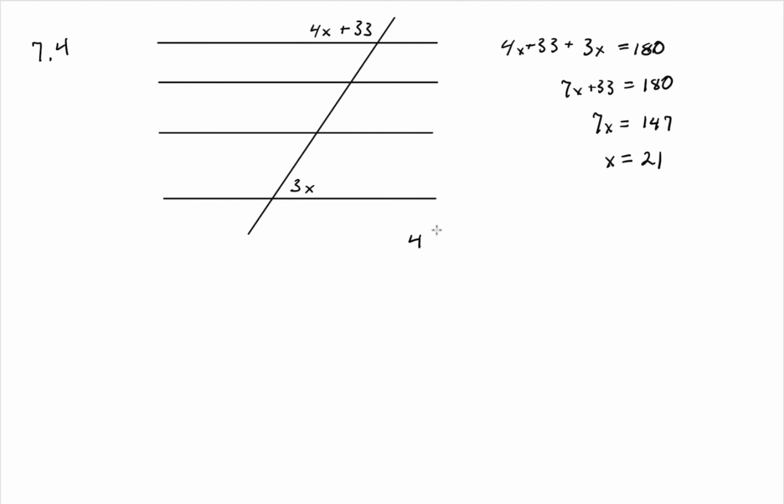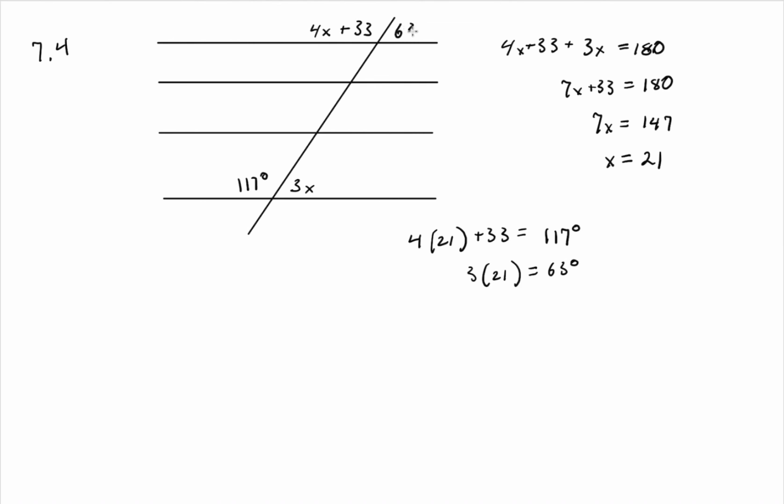We could say 4 times 21 plus 33 equals 84 plus 33, that's going to be 117, right? 117 degrees for this angle. And 3 times x, that's 3 times 21, that's going to be 63.